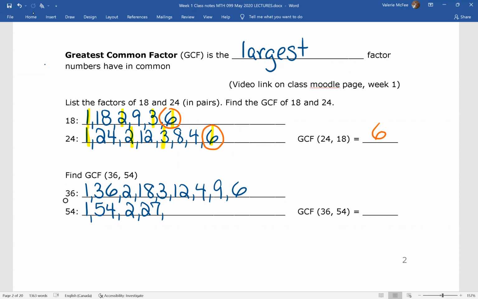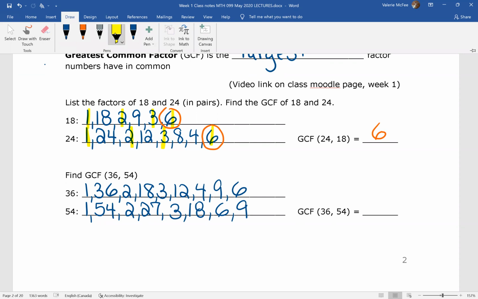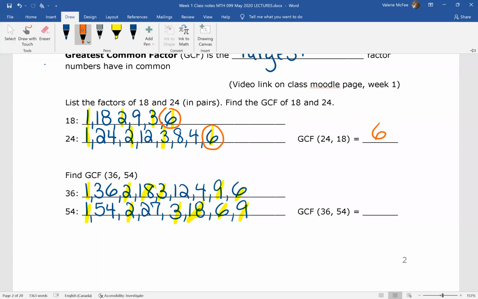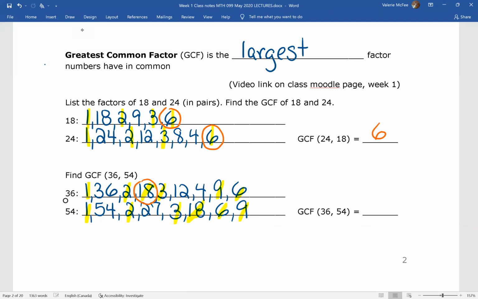That means it's divisible by 3. Again, we see that there are plenty of common factors. And we should have found that 18 is the greatest common factor.